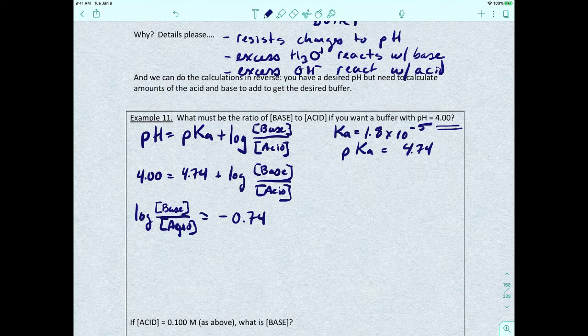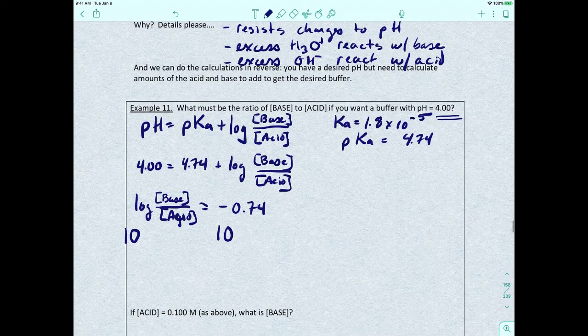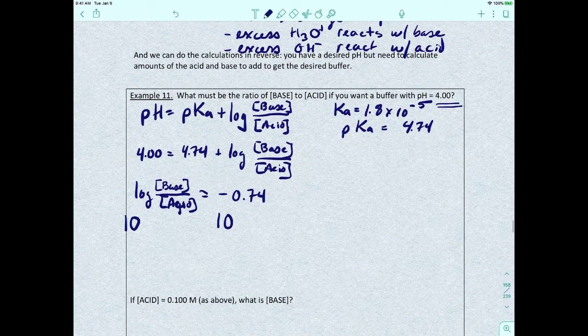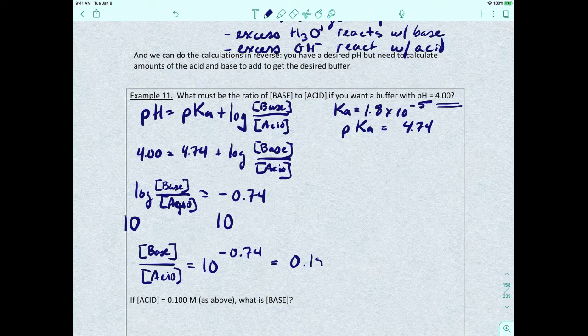Now, I can undo that logarithm by raising everything to the power of base 10. I get that the concentration of base over the concentration of acid is going to be equal to 10 raised to the negative 0.74, or 0.18.